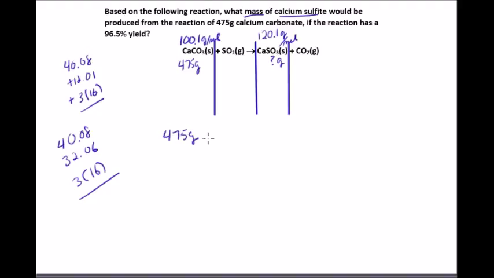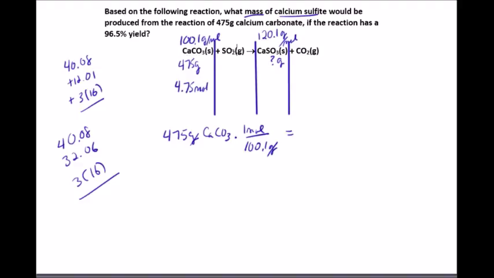475 grams of calcium carbonate times 1 mole over 100.1 grams, so our grams cancel. That gives me 4.75 moles. Okay, once again, this is a 1-to-1.